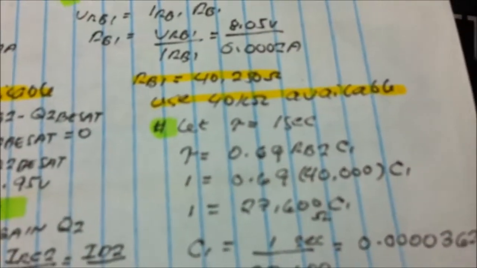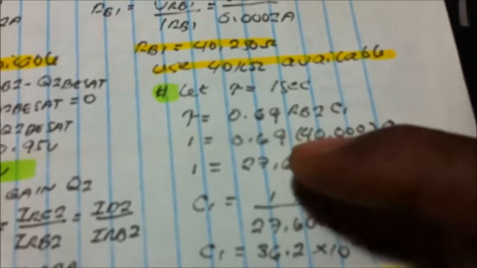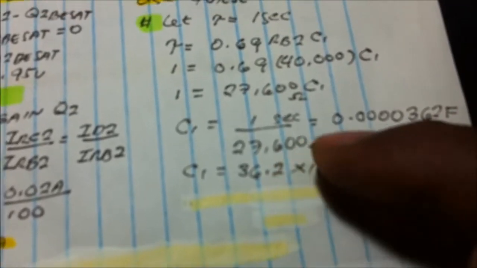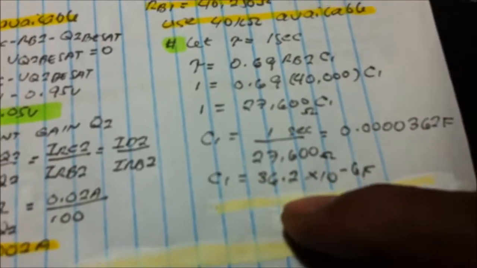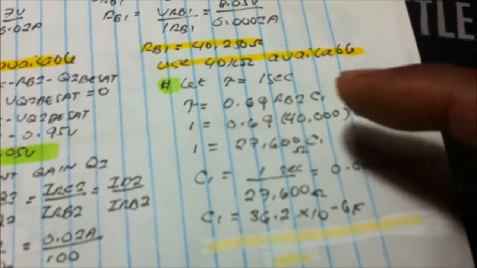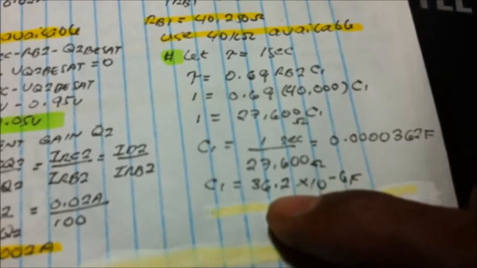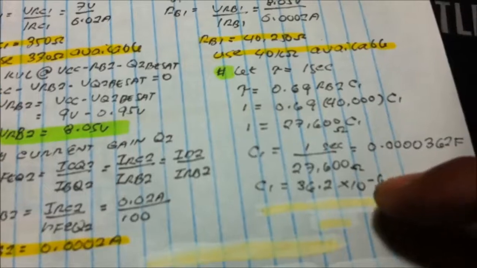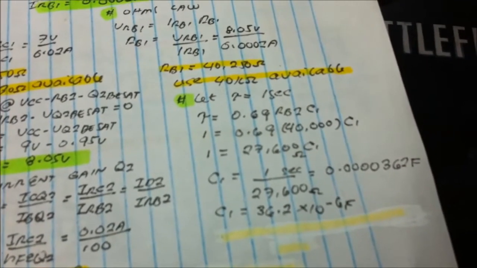That is now the charging and discharging effect of the capacitor, 0.6069. Using 40,000, what is the value of the capacitor to be used to provide 1 second of pulsating? I think this is 36.2 times 10 to the negative 6 microfarad. I'm using 47 microfarad to produce this time constant of 1 second.